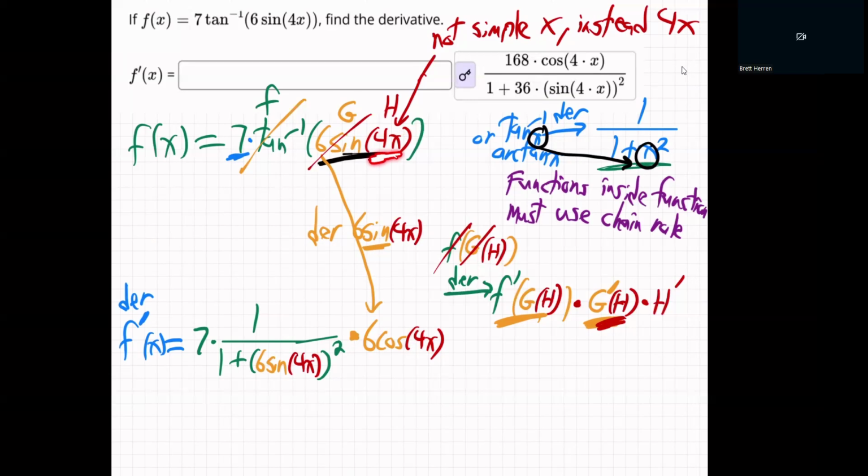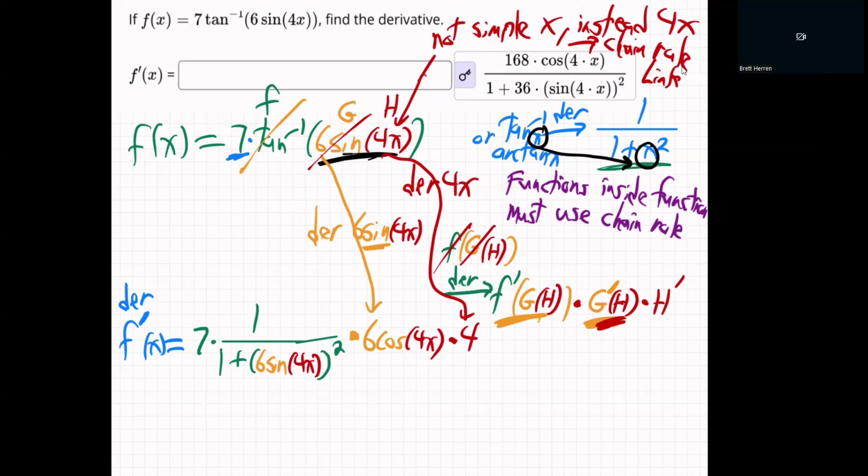That's chain rule. Chain rule says anytime the inside of anything is something other than a simple x, you better link the next chain. Another link. So, what's the derivative of 4x? That's easy. 4.